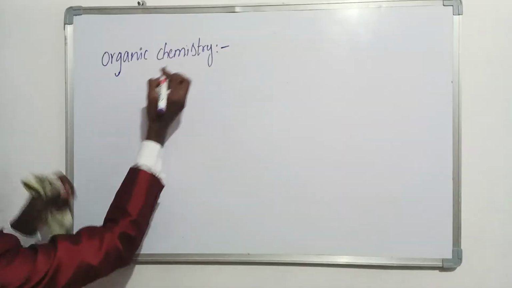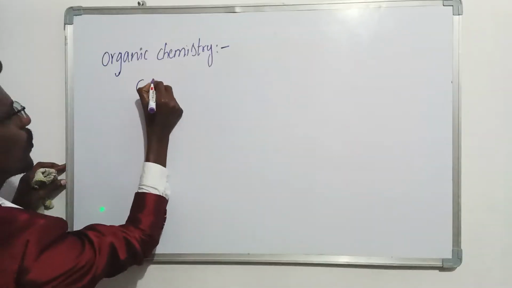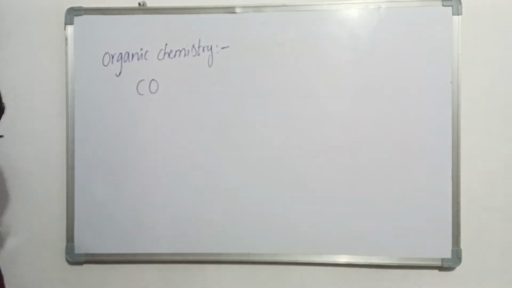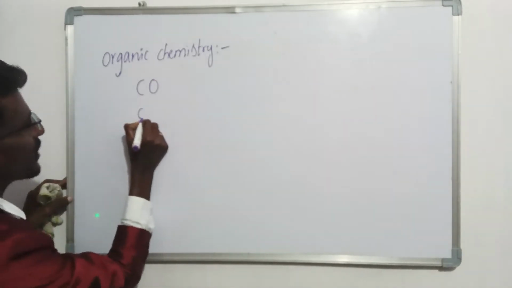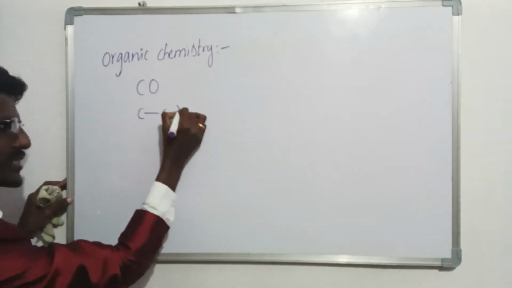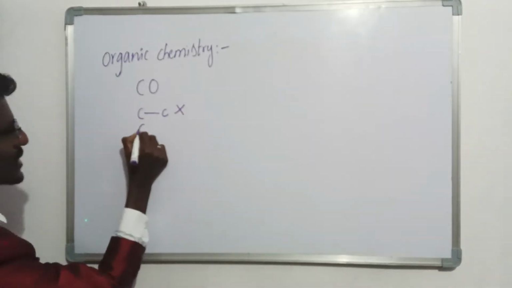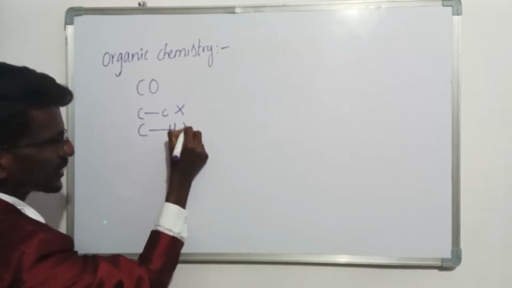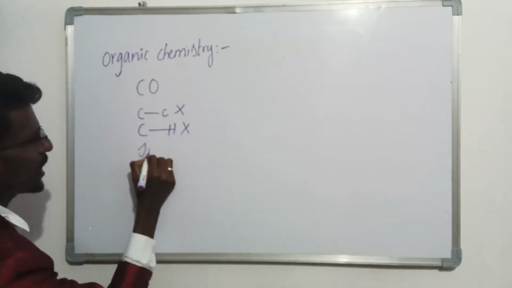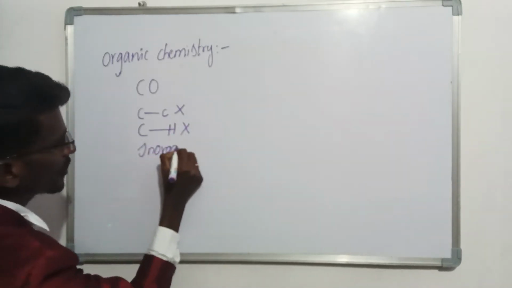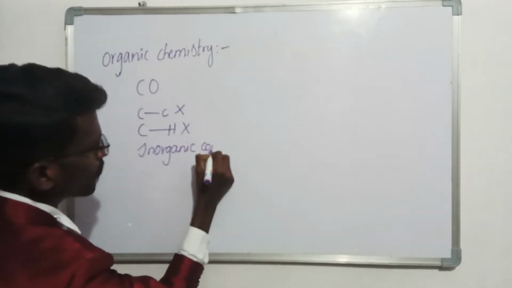For example, carbon monoxide does not have any CC bond. CC bond is not there, and CH bond is not there. Hence, it is an inorganic compound.